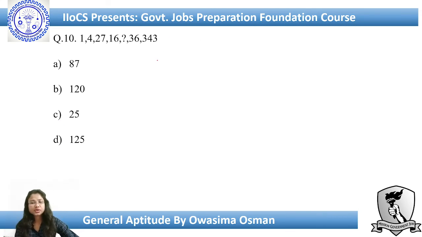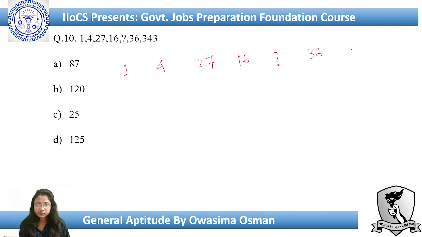Next, 1, 4, 27, 16, 36, 343. So 1 equals 1 cube, 4 equals 2 square, 27 equals 3 cube, 16 equals 4 square, 36 equals 6 square, and 343 equals 7 cube.